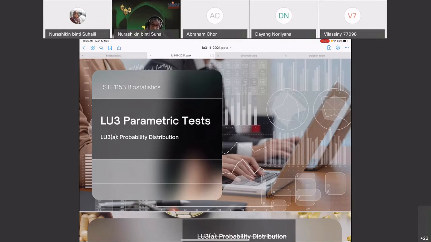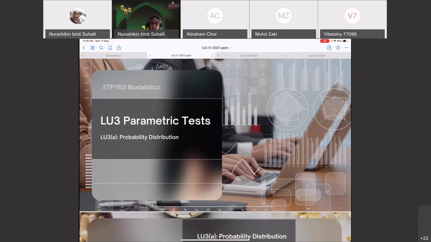The types of non-parametric data: nominal and ordinal. Yes, correct. There are two possibilities.